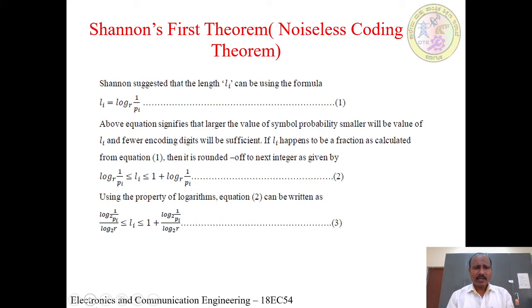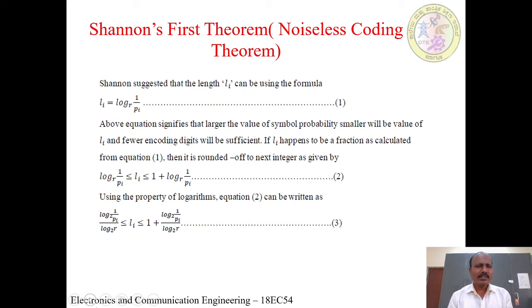But by calculating the lengths, obviously we get fraction values of Li, and it is very difficult to write binary values in terms of fractions. For that reason, Shannon has suggested that whatever codes you write should be in integer digits. Using the above equation, the larger the value of the symbol probability, the smaller will be the value of Li.